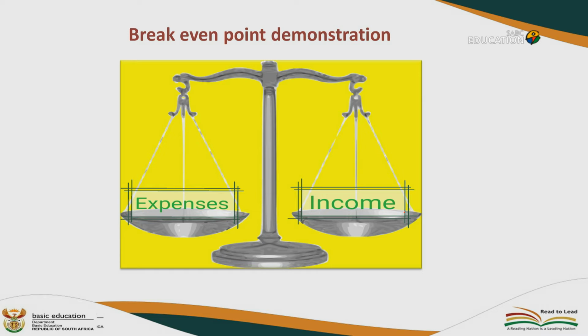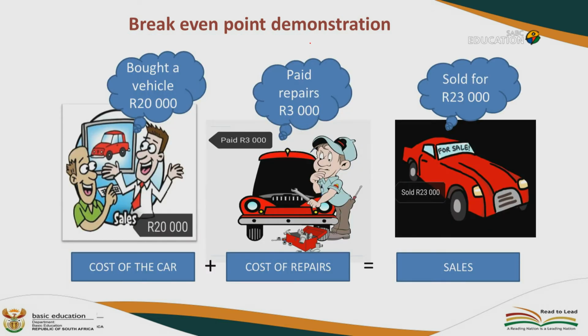What does it mean? Your expenses must equal your income. What does that mean? It means you will never have the profit nor the loss. That is the main thing. Remember break-even point? No profit and no loss. This diagram will summarize it.